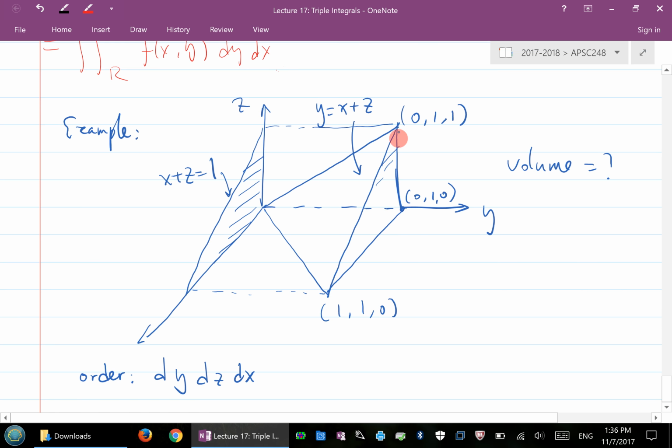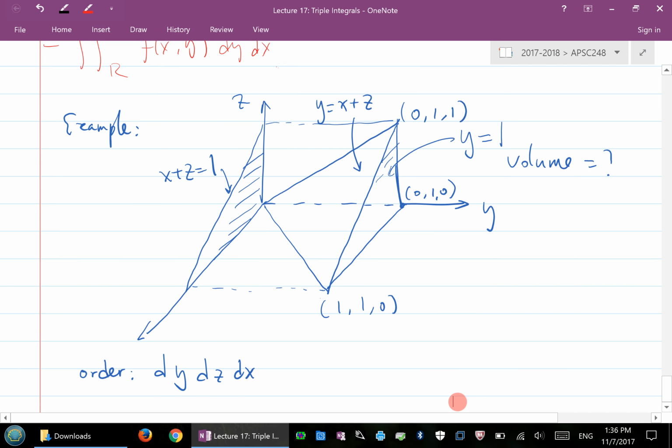This side is also a plane, but this plane is a constant value for y, which is always y equal to 1. So when the plane y equal to x plus z intersects with the plane y equal to 1, this edge here becomes x plus z equal to 1. So that's how you find this edge here.